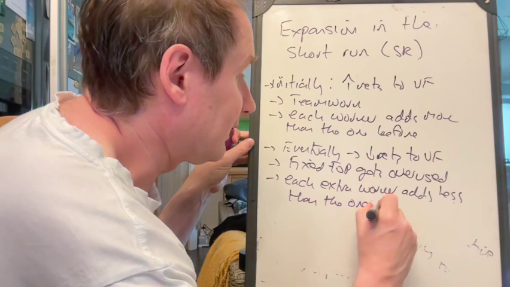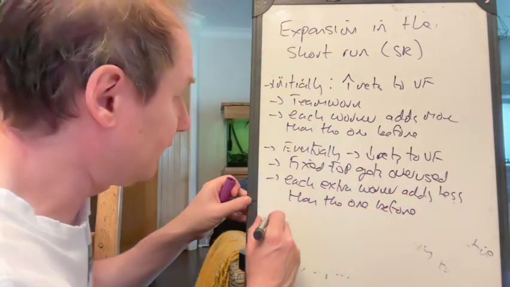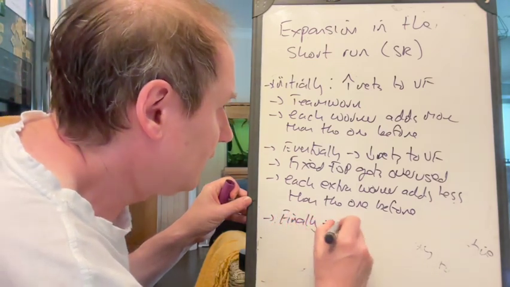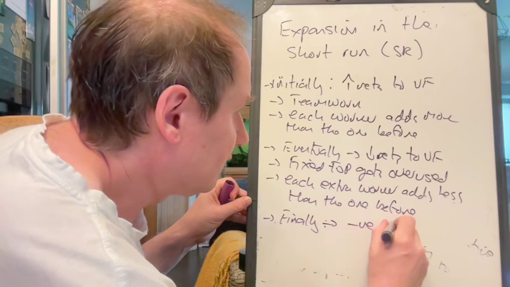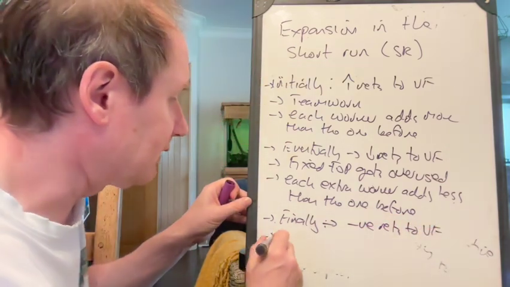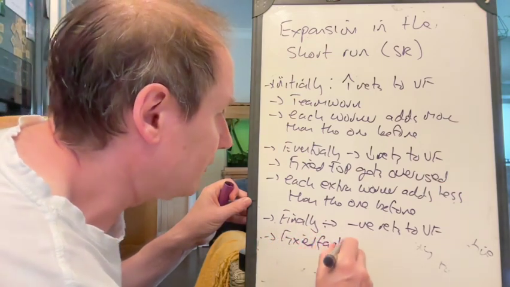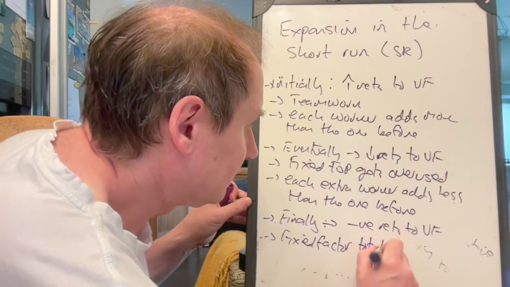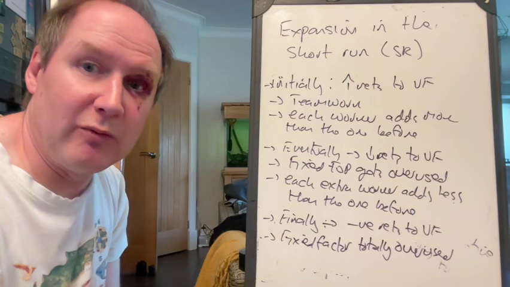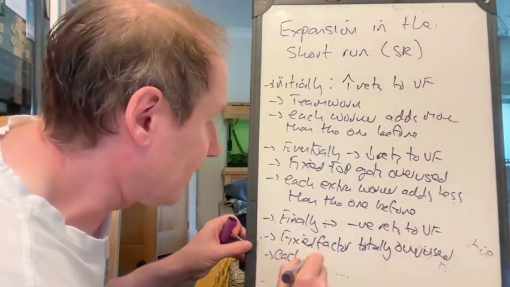But they're still adding, and we'll examine this a bit more in a minute. Finally, we have what are called negative returns to the variable factor. Now the fixed factor is overwhelmed. It's totally overused. There's literally no space.